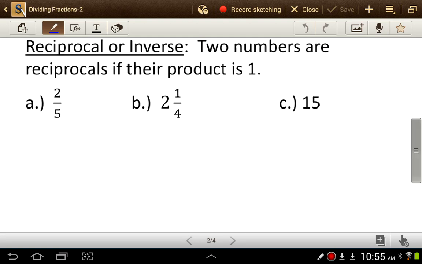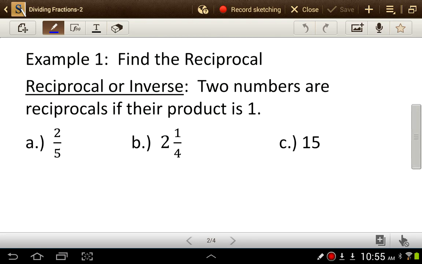Okay, in example 1 here, we're first just going to talk about finding the reciprocal. In order to answer division problems, you need to know what a reciprocal is, or as you can see in my definition there, inverse. So you might see that word kind of interchanged. Two numbers are reciprocals of each other if their product is 1. Product is your answer to multiplication.